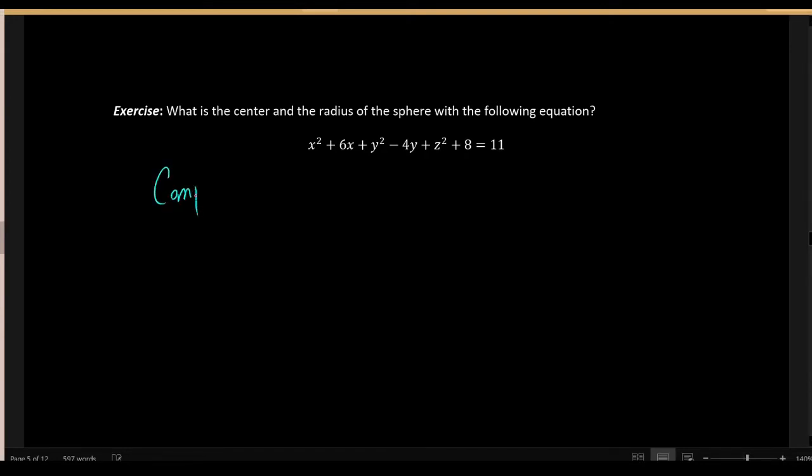So what we're going to do is complete the square, which is a term from algebra telling us to rewrite an expression so that all the variables which are outside of squared quantities are tucked inside of squared quantities.